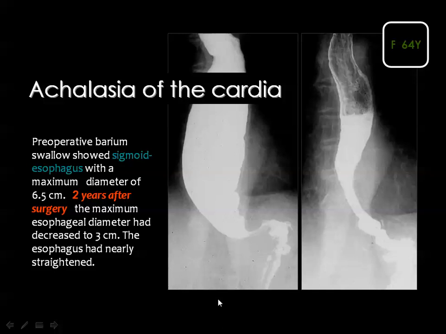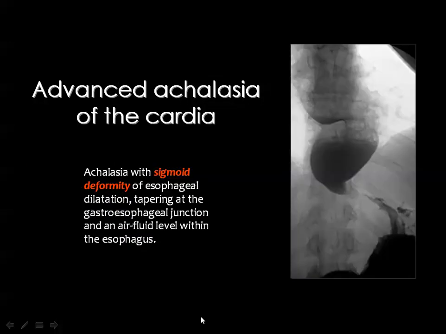And the ideal method of treatment of achalasia is to use the endoscope, or even surgery, to cut this area of the muscles in the esophagus, and to remove this neuromuscular incoordination.